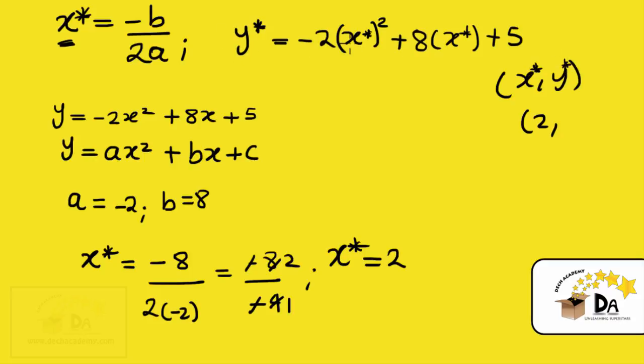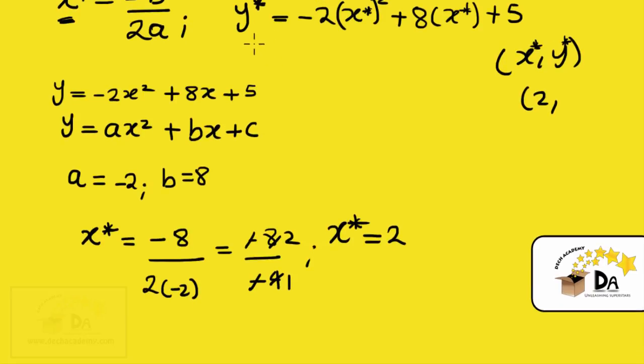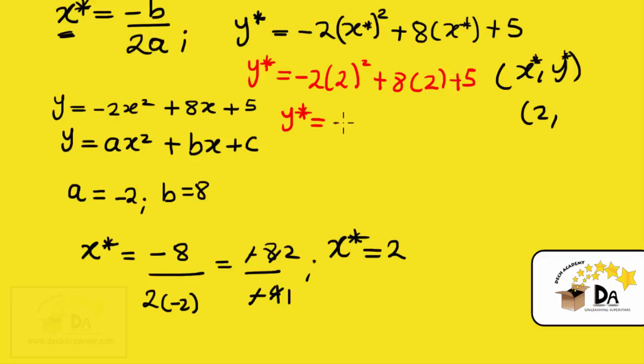Well, to determine the y coordinate, we need a different color here because I'm just going to follow this equation here. The y coordinate is given by minus 2 times x star squared, which is 2 squared, plus 8 times x star, which is 8 times 2 plus 5. So the y coordinate is minus 2 times 2 squared, which is 4, plus 8 times 2, which is 16, plus 5.